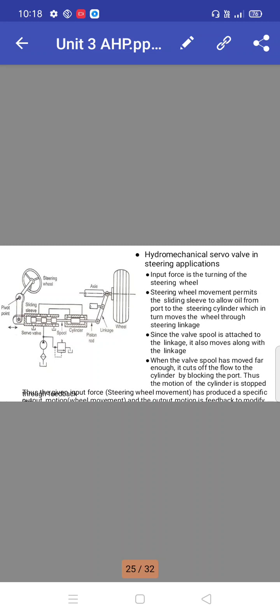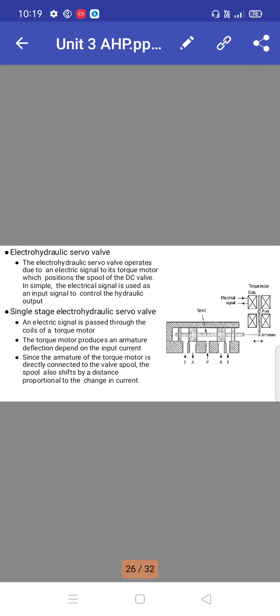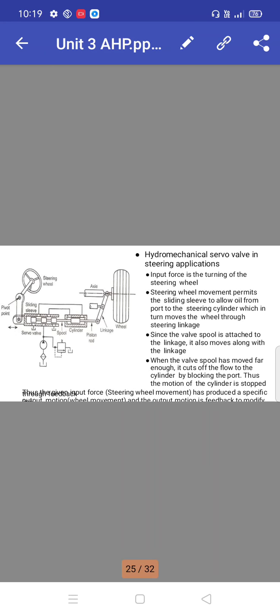As the motion of the cylinder stops with respect to the input force, the steering wheel movement has produced a specific output motion, and the output motion is fed back to modify the system. So these are the things to be assured previously.